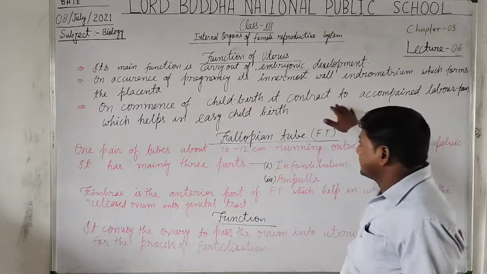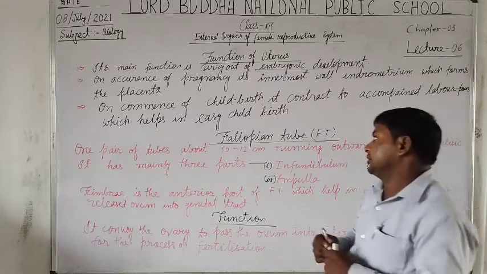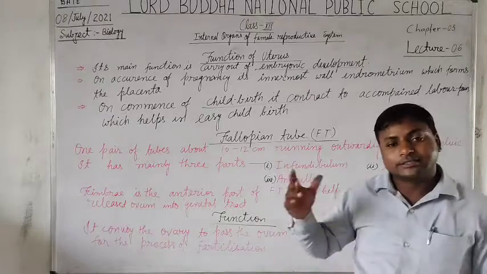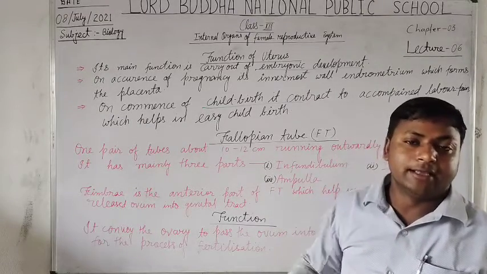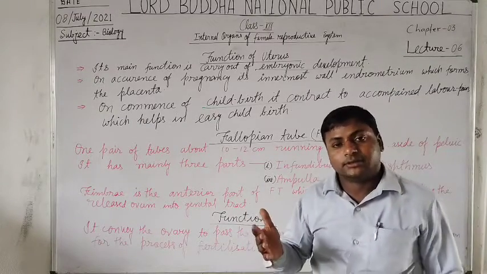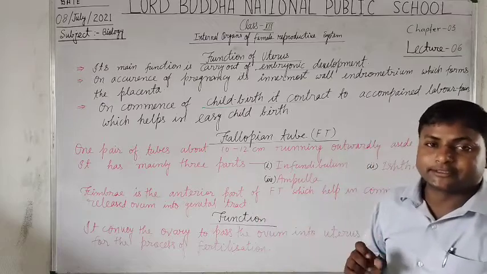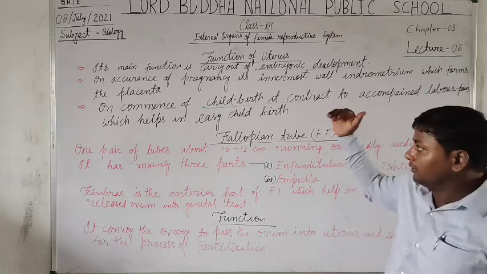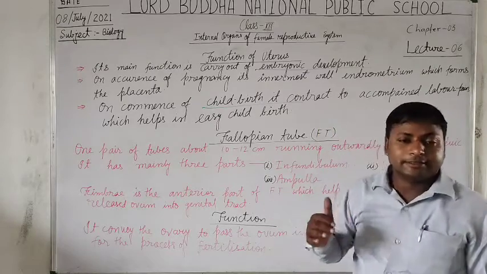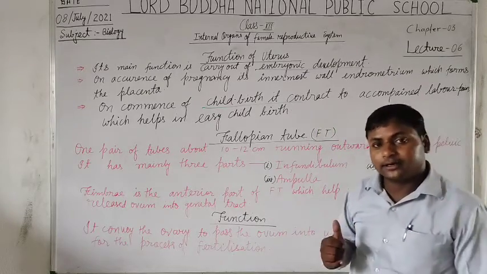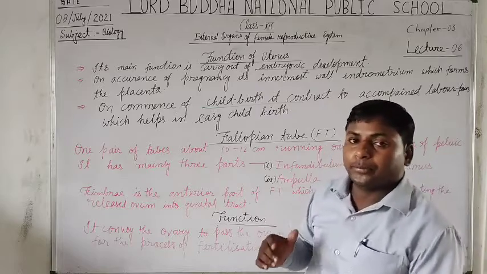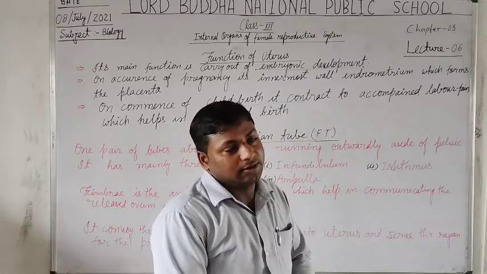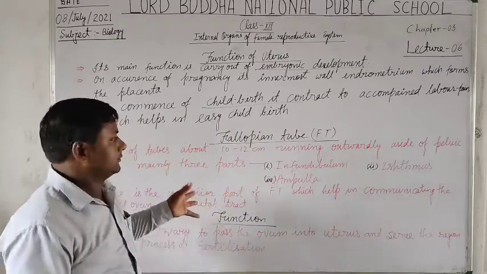On commencement of childbirth, as I will tell you, its myometrium wall has a large capacity for contraction. So on the commencement of childbirth, its myometrium wall contracts, which accompanies the labor pain that helps in easy childbirth.